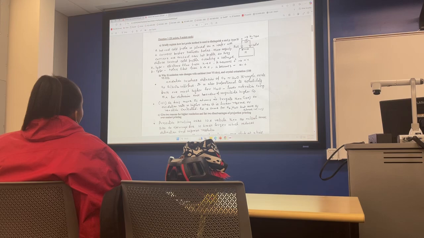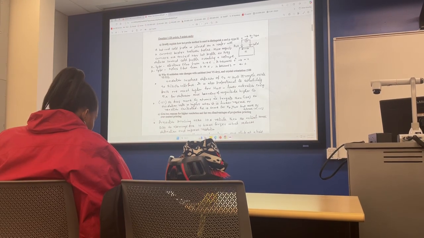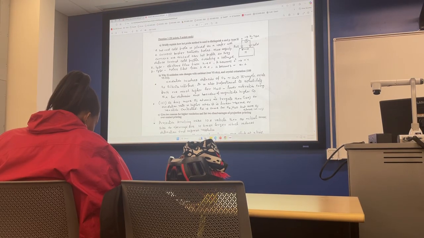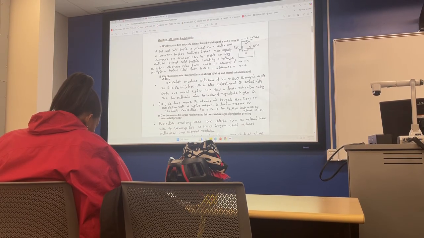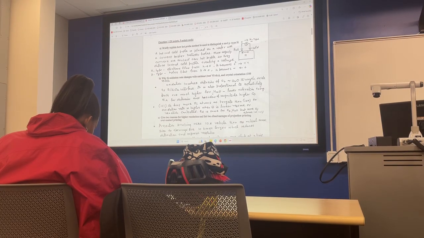Remember, the activation energy for the H2O migration is 0.72, and for the oxygen it is more than 1 eV. So if you remember that plot that we talked about, there are two reasons: higher solubility and higher diffusivity. Because of those two reasons, H2O moves through the SiO2 much faster. So that's the answer for that.